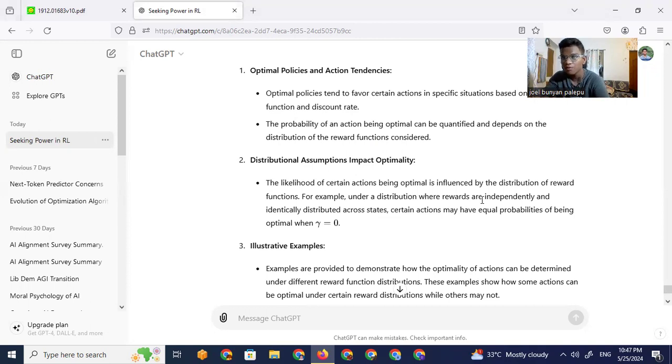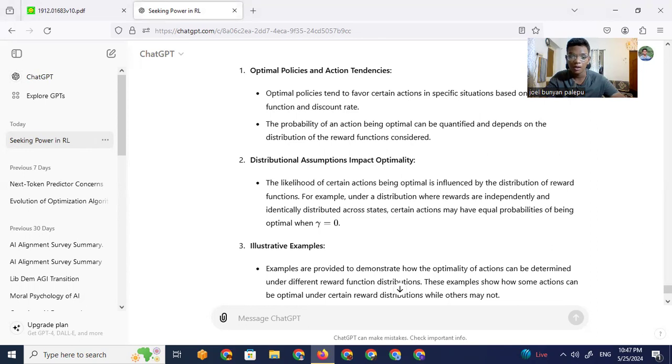Okay, so we'll have many reward functions, and I think the most optimal action is the action that satisfies the most number of reward functions. I think that's what this means, right? And the most depends on the distribution of the reward functions considered.